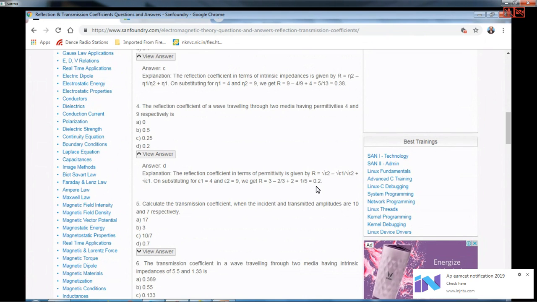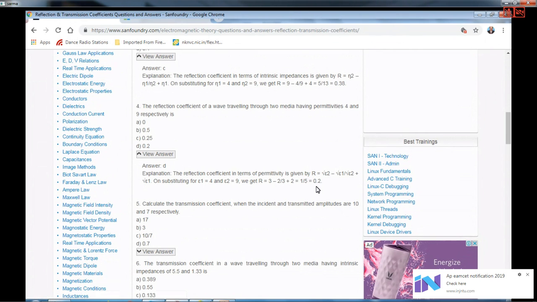So similarly in the denominator also we are going to do. So this is going to give you root epsilon 2 minus root epsilon 1 by root epsilon 2 plus root epsilon 1. That is how the reflection coefficient is going to be. When the values given are 4 and 9, so epsilon r1 is 4, epsilon r2 is 9, so square root of 9 minus square root of 4 by square root of 9 plus square root of 4.